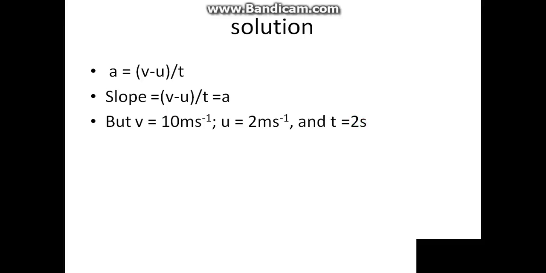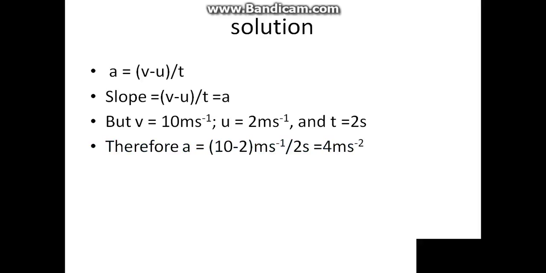But we are given from the diagram that v, the final velocity, is 10 meters per second, the initial velocity u is equal to 2 meters per second, and the time t is 2 seconds. Therefore, substituting the values, a will now be equal to 10 minus 2 meters per second all over 2 seconds, which gives us 4 meters per second squared.